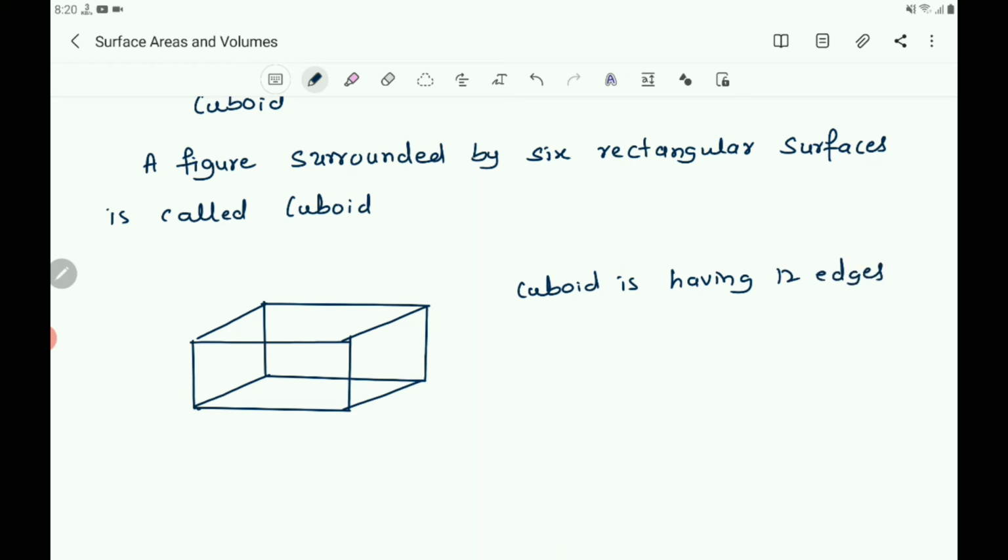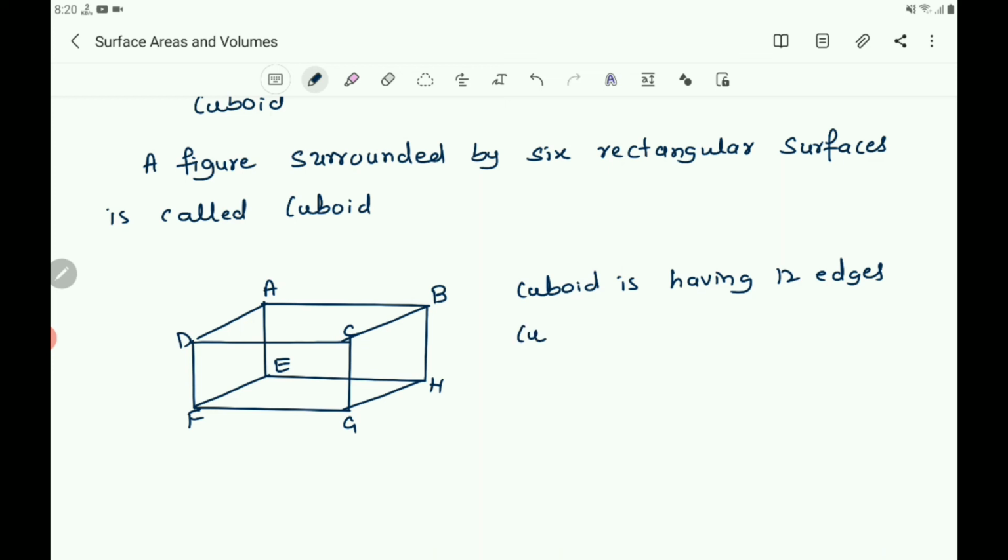And how many vertices it is having? If you consider, it is A, B, C, D, and E, F, G, H. Count here 1, 2, 3, 4, 5, 6, 7, 8. So you can conclude that cuboid is having 8 vertices.